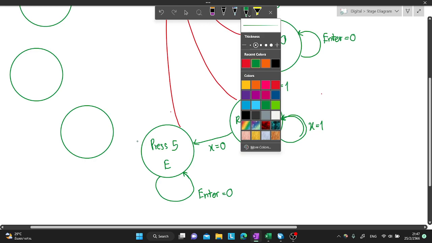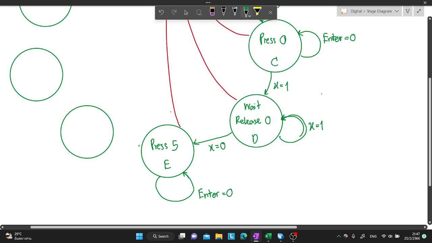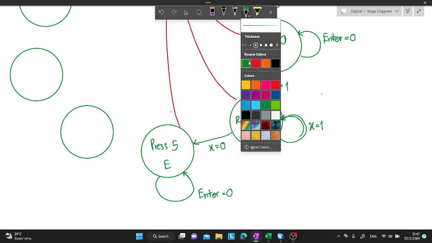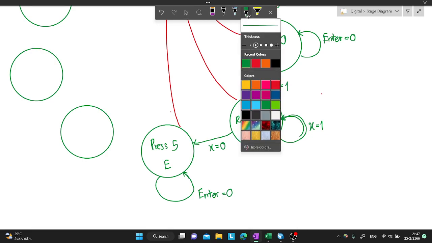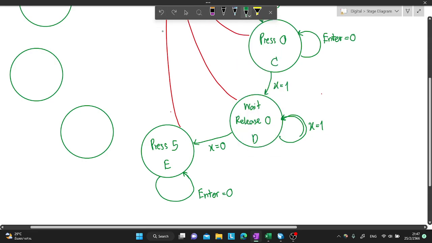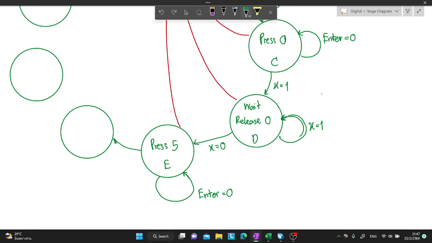And then when I press 5, which means Y is 1, that means it goes to the next stage, stage F, which is the state wait for release 5.